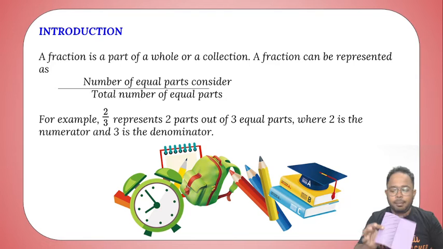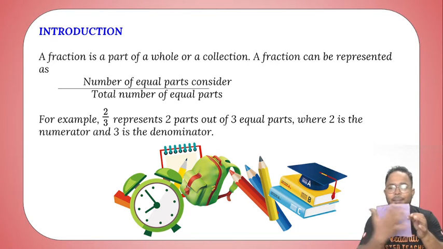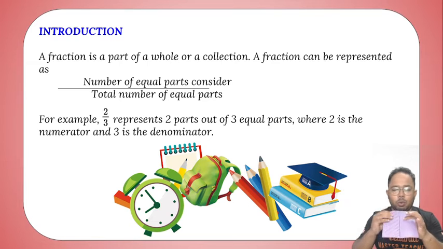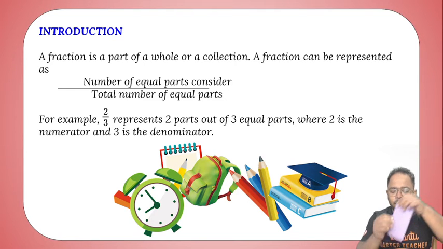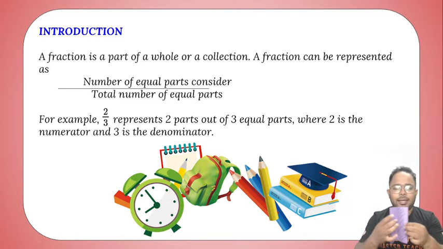So I'm using only half of it. Although it was complete, I require only this part. So how will I represent it? On folding, what I found is I have divided it into two equal parts.